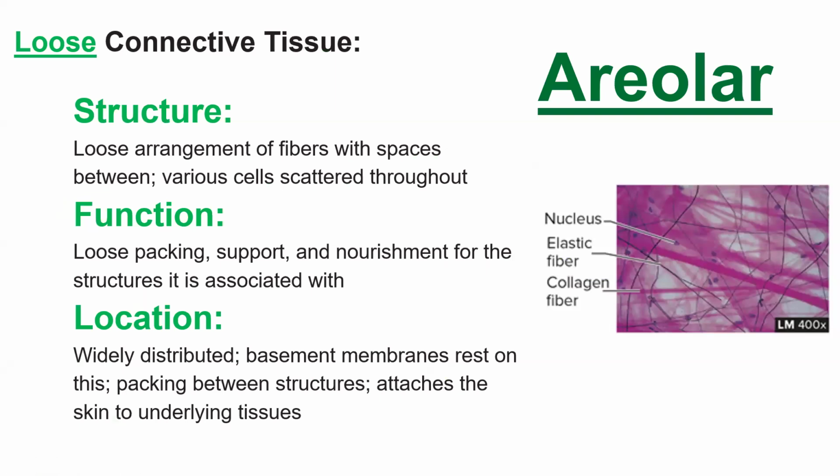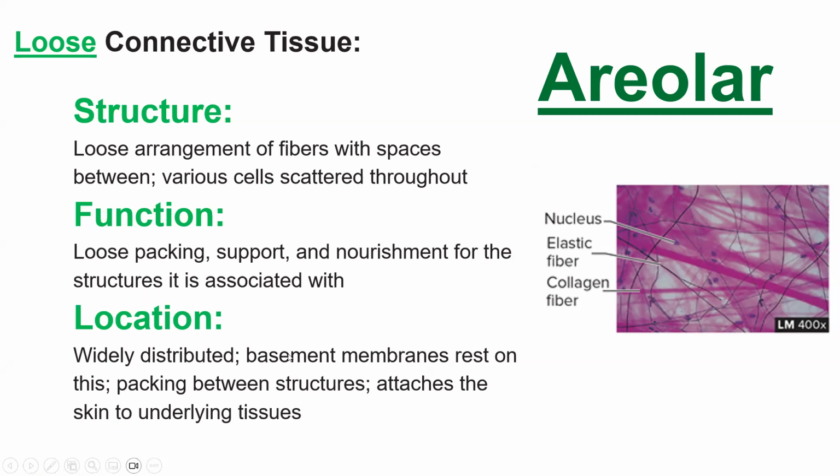And I always think of areolar tissue like tissue paper or packing peanuts. It's our loose packing, and it's going to kind of fill areas that are empty and need some cushioning or some extra support. Another thing with areolar tissue is our connective tissue, remember, is very vascular. So sometimes areolar tissue is going to provide nourishment for some of the structures surrounding it.